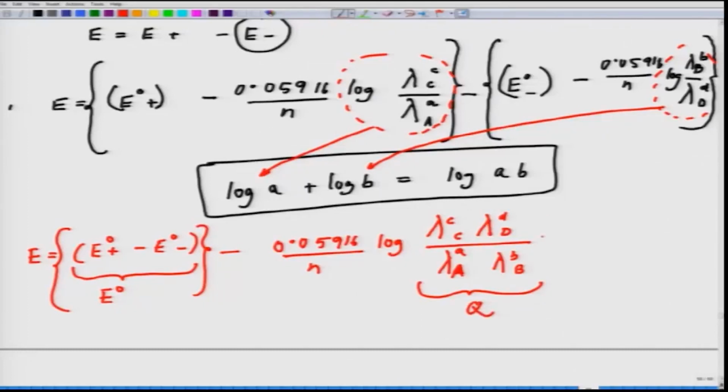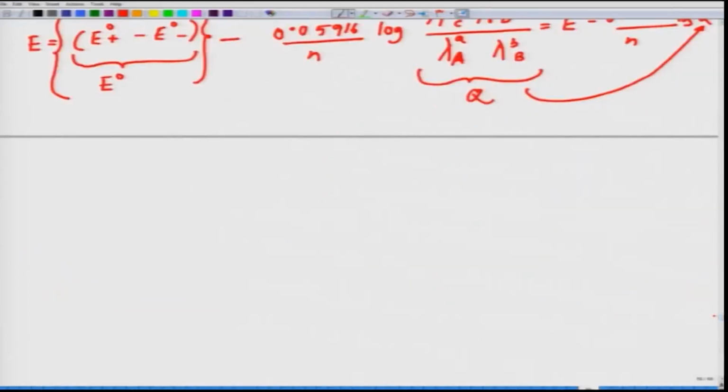So, now if you write this term, this becomes your E0, which is standard potential, minus 0.05916 divided by n log Q. Okay.